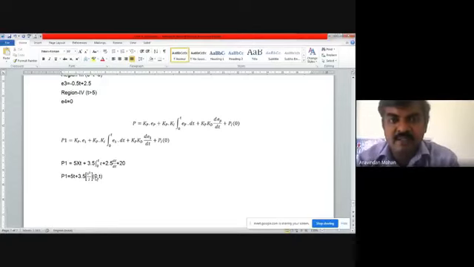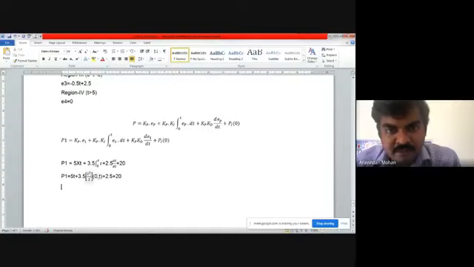So plus 2.5 d by dt of t, which is equal to 2.5 only. So 2.5 plus 20. Now if you substitute the values, there is t and 0 in this particular thing.